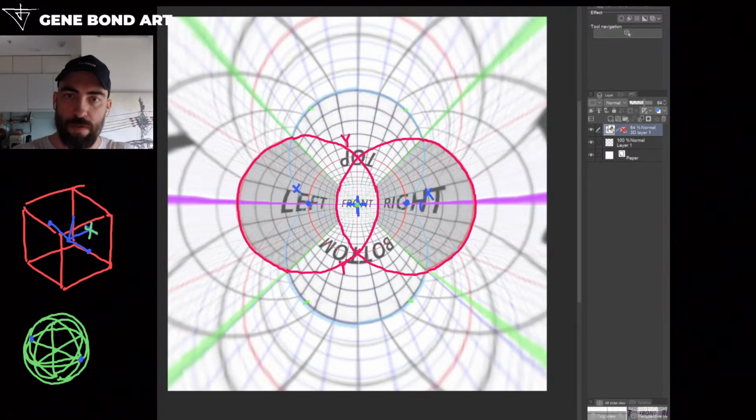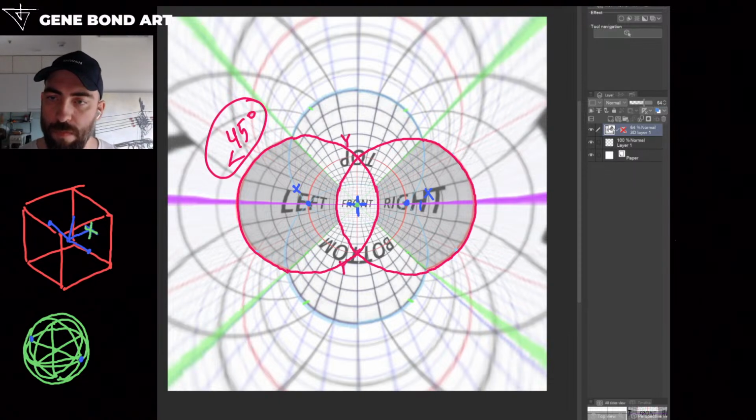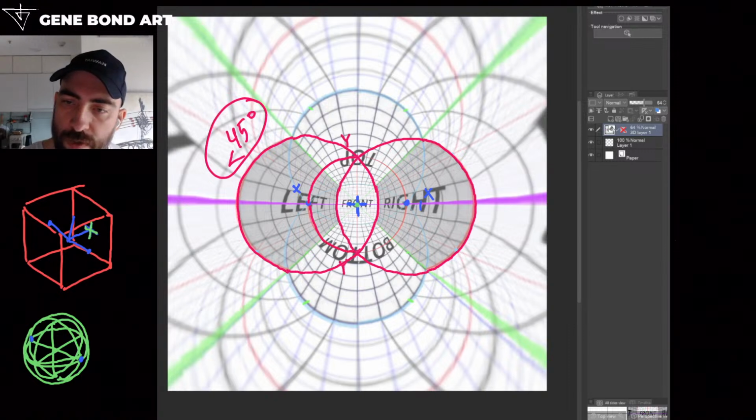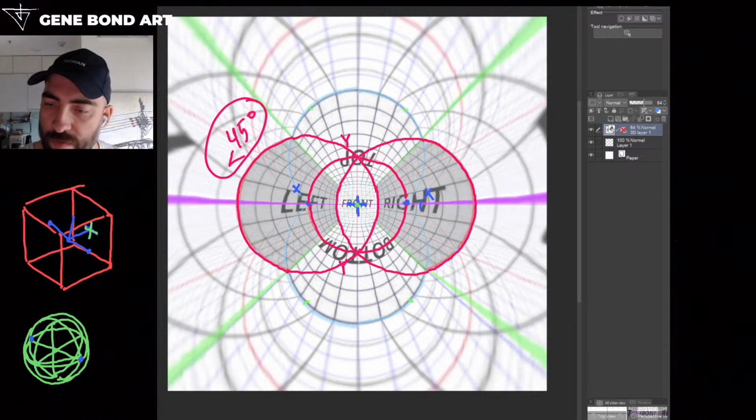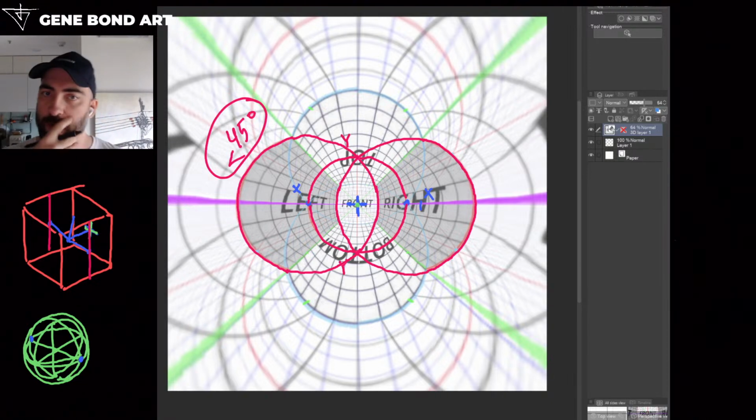So these two circles are the 45 angle axes. Okay, so we still also have the center as a kind of 45, which here doesn't look like 45, it's just left and right, but you see it's also the center vertical line of the left and right side.